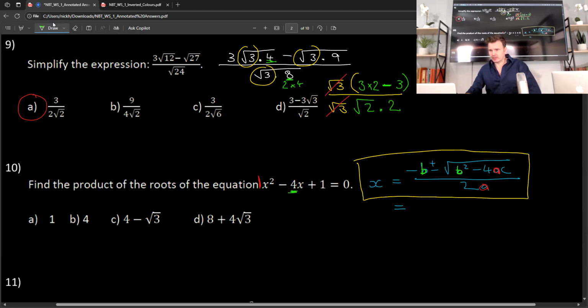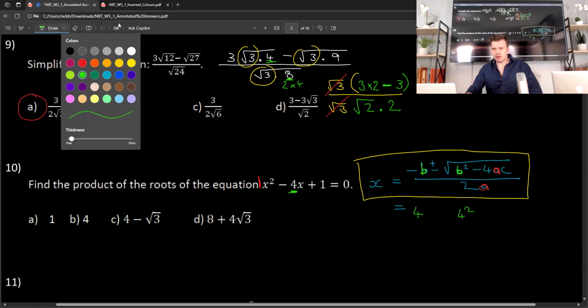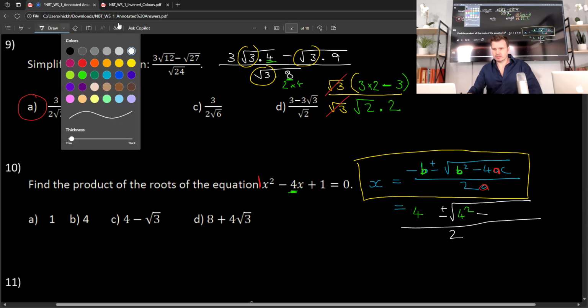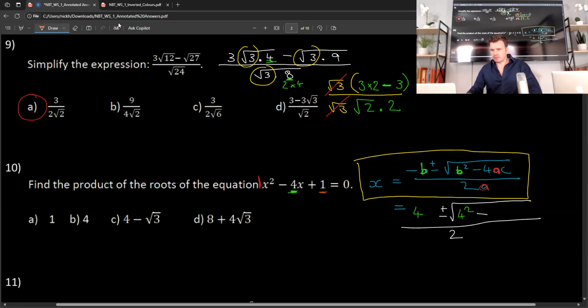So negative 4 gives you 4, because it's minus a minus. And then it'll be 4 squared over here, and then plus or minus, minus, and then we'll put a 2. Now the C is the number by itself, so I'll put that in there.